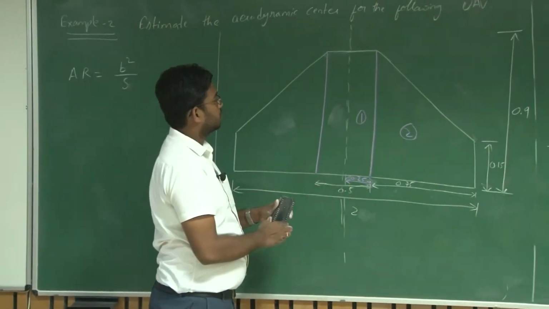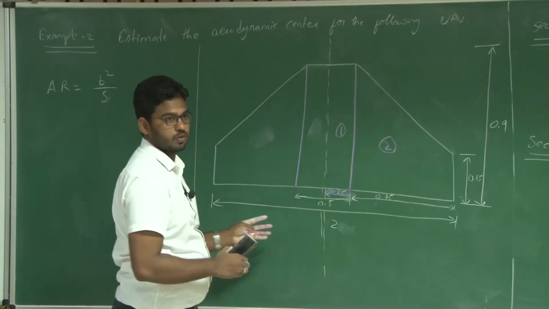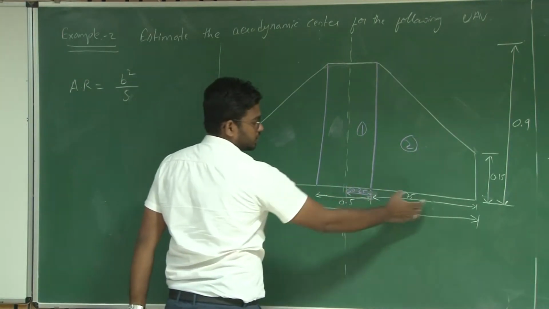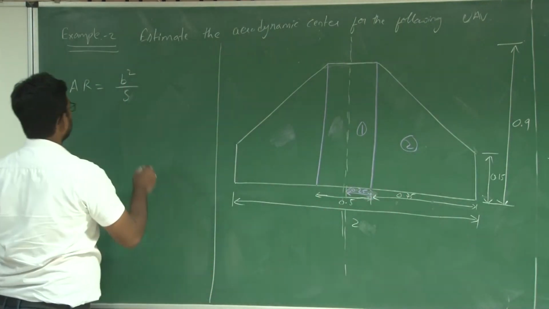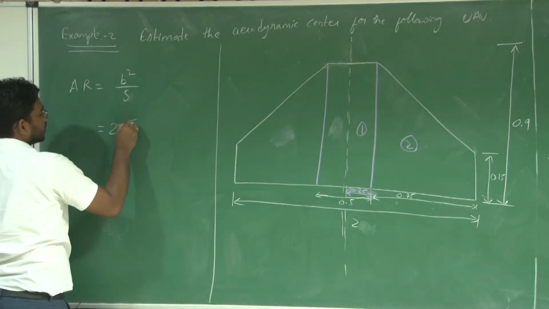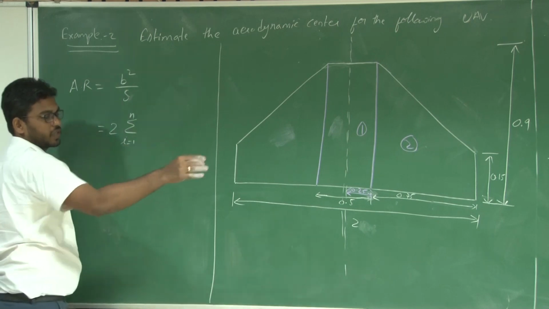Although it is symmetric, aspect ratio talks about the entire planform. Since we are considering semi-span and semi-area here, the effective aspect ratio for multiple sections is twice sigma i equals 1 to n, say n is the number of sections.